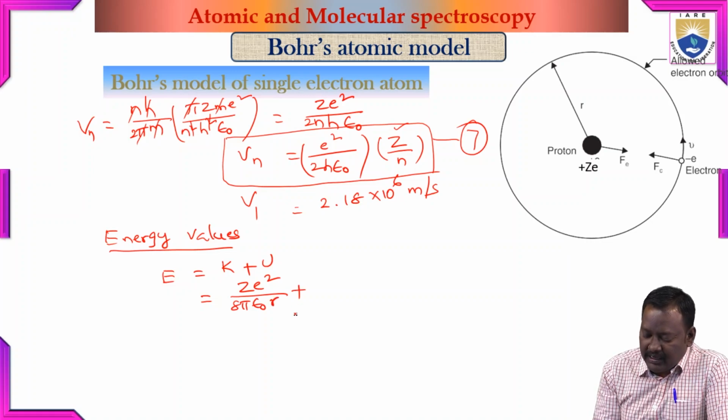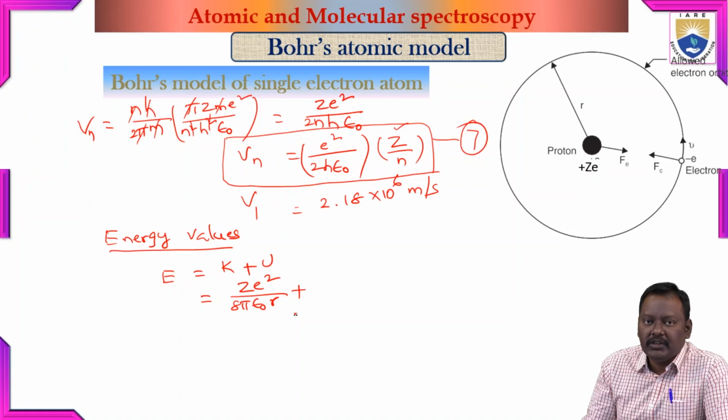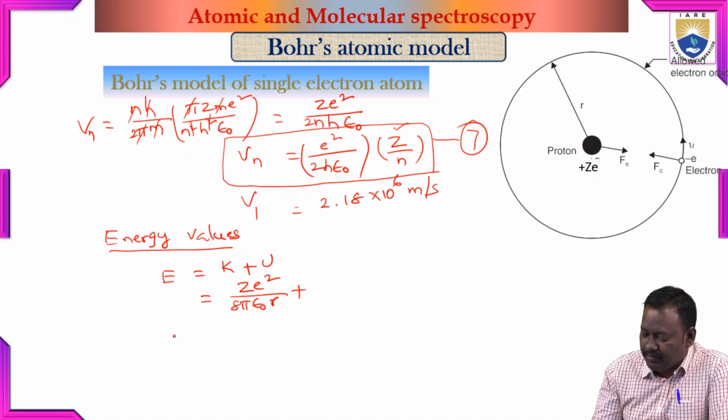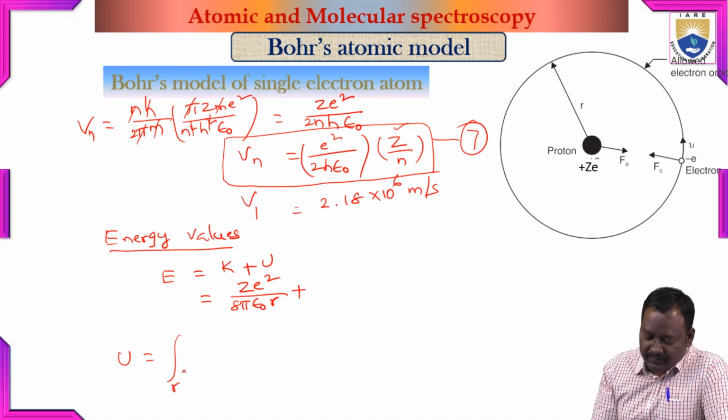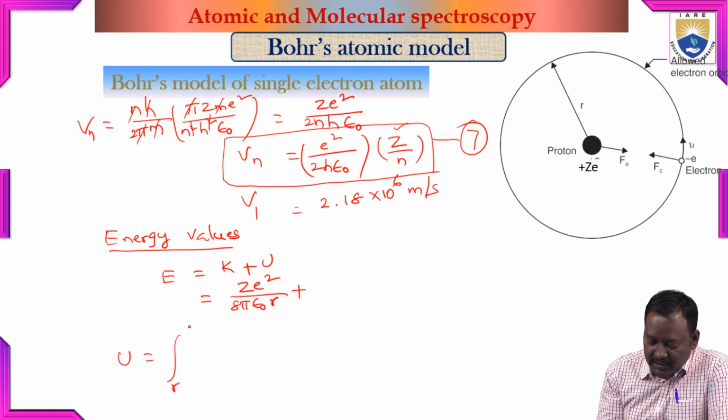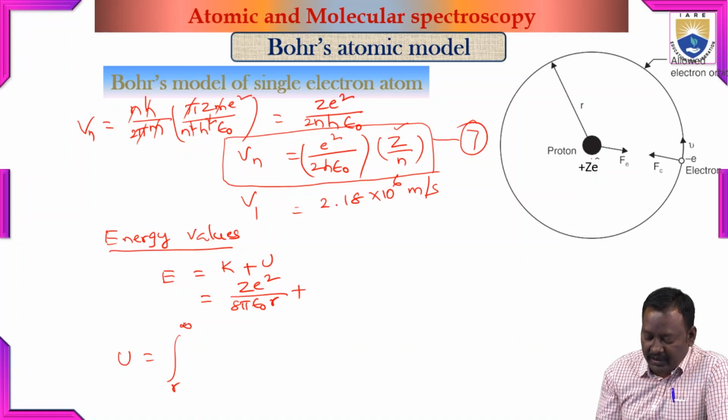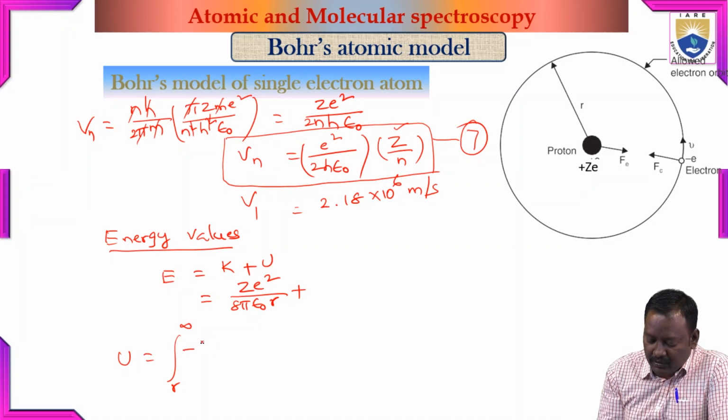In order to find the potential energy, we use integration. To remove the electron from the orbit of radius r to outside, that means infinity, the total work done is the integral of F bar dot dr bar.